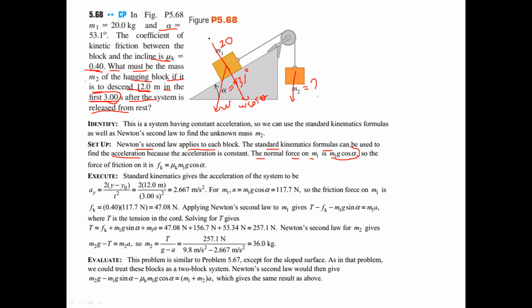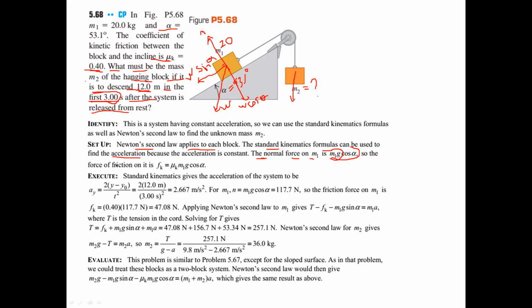And this will be the normal force, and this will be the weight times sine theta, or alpha, okay? Free body diagram for this mass, and the normal force in this case for m1 will be equal to m1 g, the weight of your object, times cosine alpha, okay?